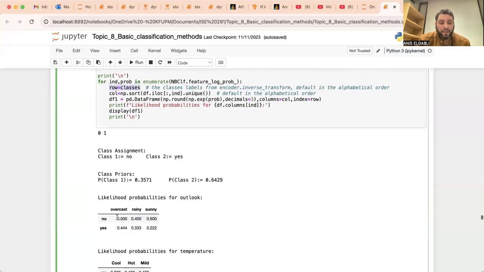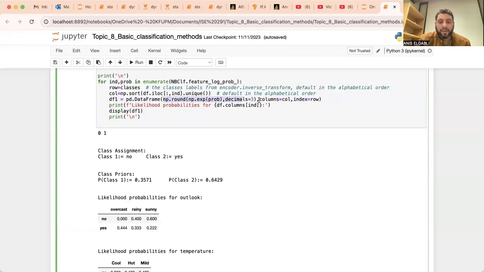The rows are defined by the classes, yes and no, and the columns are defined by the different choices, or unique values, for each feature, because we're iterating over all of the features. Every time we call a different feature, we access that feature, retrieve all of the possible choices, and then we sort them. These are the columns. And then we build a data frame for each one.